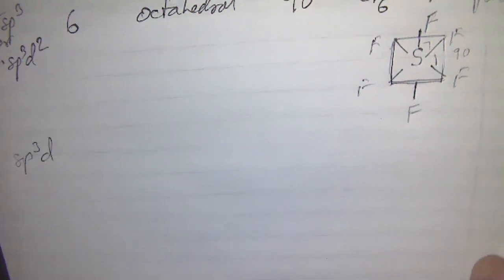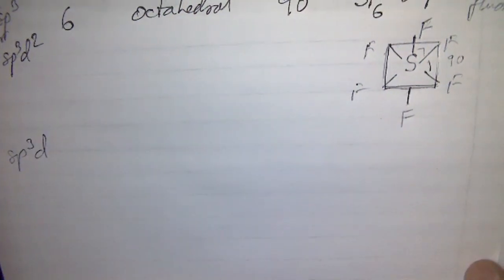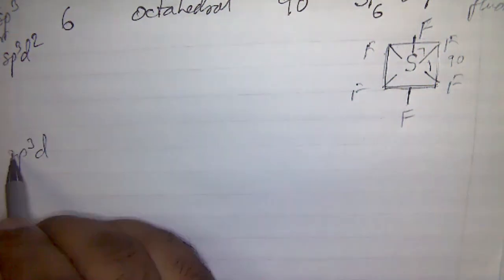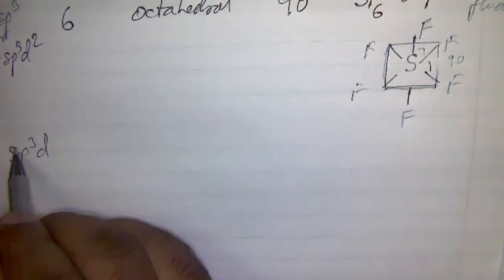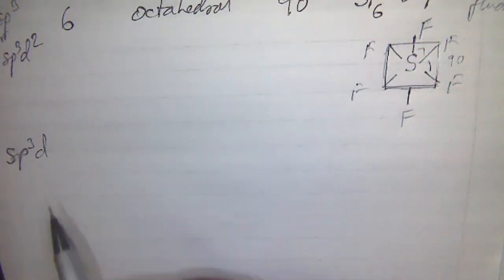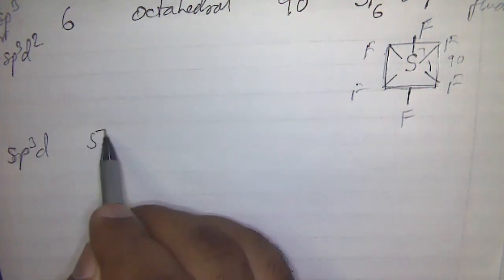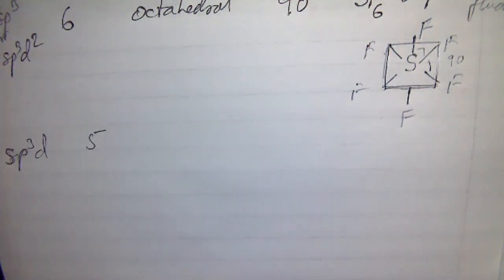Then one more we have, that is sp3d. Clear? So this sp3d has only 5. You can see it is different from the other one.